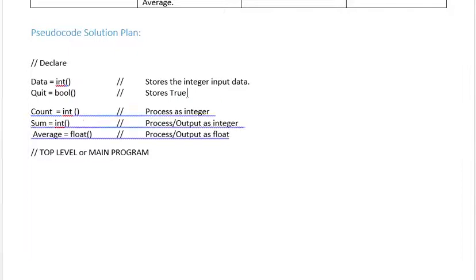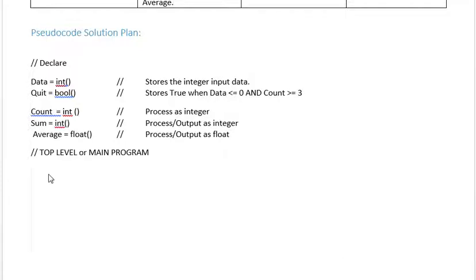It stores true when data is strictly not positive, and count is greater than or equal to 3. So we need a minimum of 3 inputs.